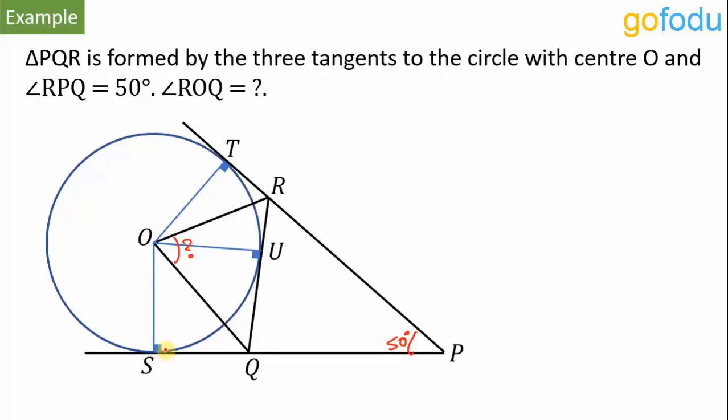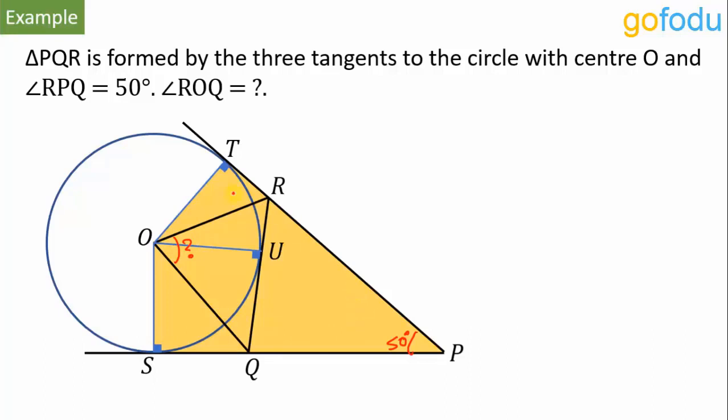My concern is whether you can see 3 kites in this diagram or not. Not 1, not 2, but 3 kites. This is a kite. PS and PT are 2 tangents drawn from the common point P. Tangents from a common point are equal. So PS and PT are equal, and OS and OT are 2 radii, so they are also equal.